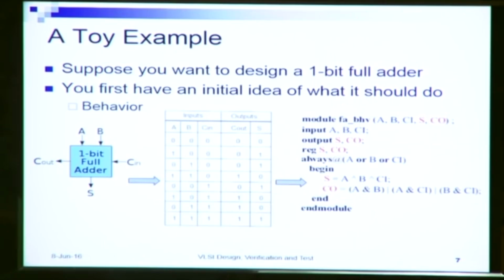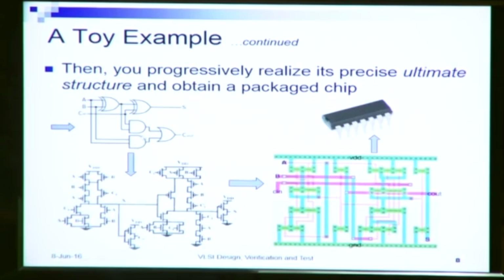From this behavioral representation, we slowly progress through the steps of the design process, and we'll study in detail how the design process flows. After logic synthesis we will get a gate level design.